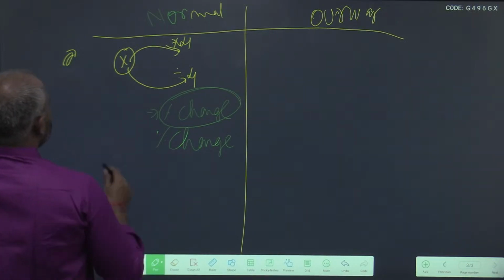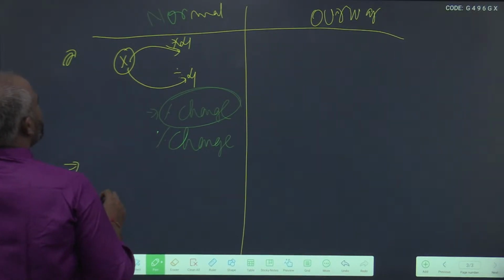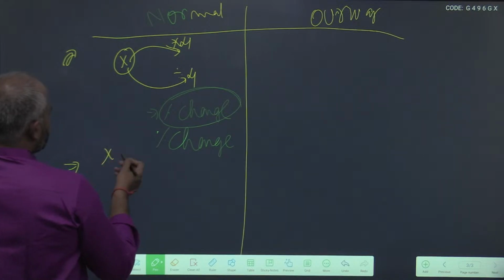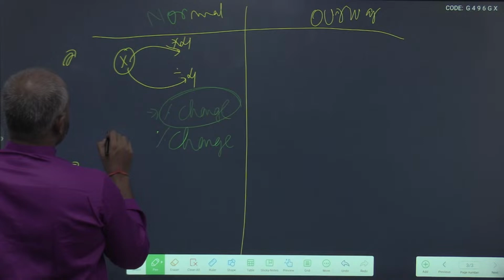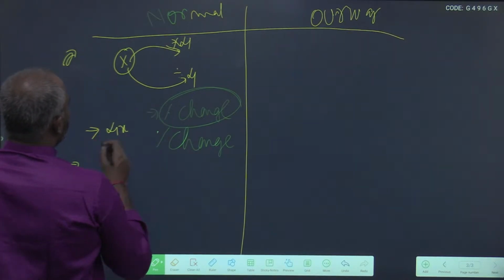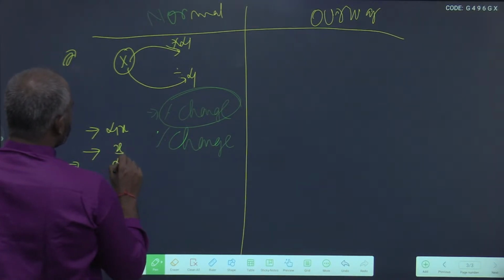Generally, people can start by taking it as x. The actual value was supposed to be 4x, but the mistaken value will become x.